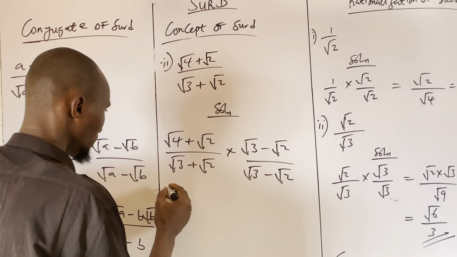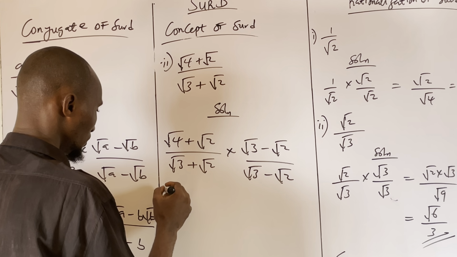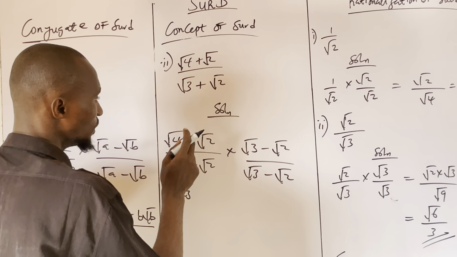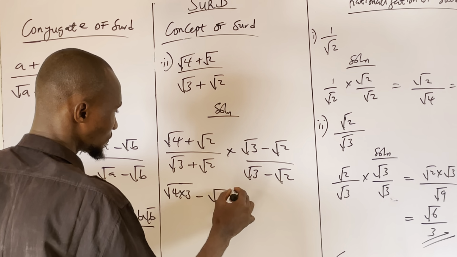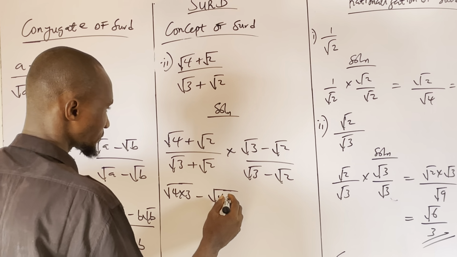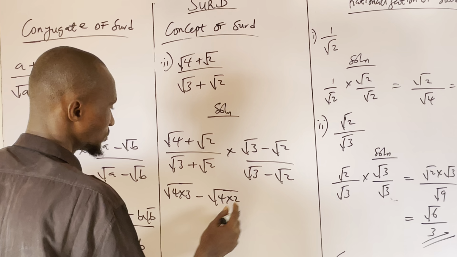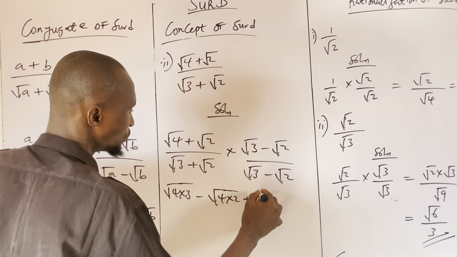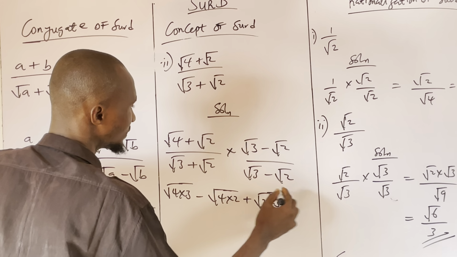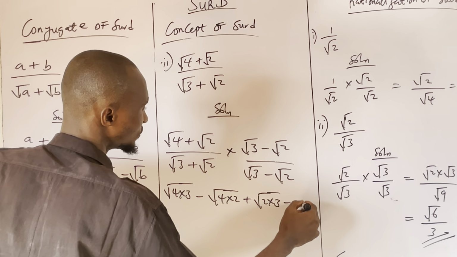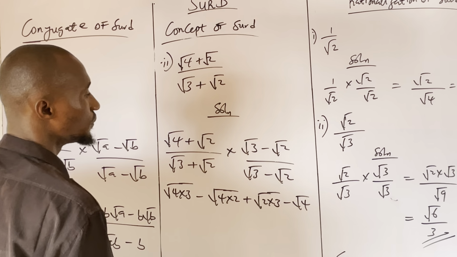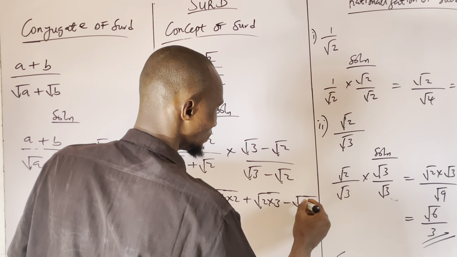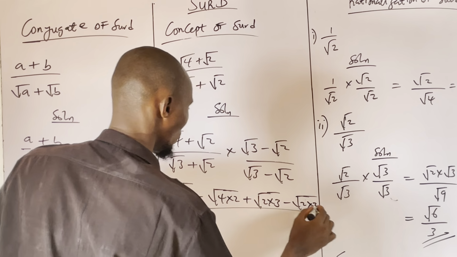Root 4 times root 3 will give us root 4 times 3, that is root 12. Root 4 times this will give us minus root 4 times 2. Plus this times this will give us plus root 2 times 3. That's root 4, that is root 2 times 2 over.